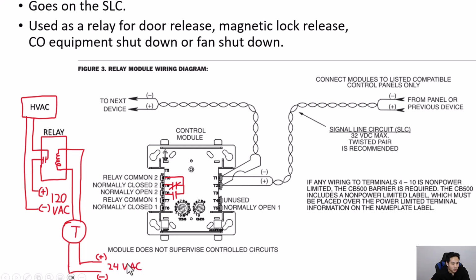This 24 volt AC would sometimes come from the actual HVAC system. It has a transformer that will convert the high 120 volt AC or 208 volt AC to a low voltage 24 volt AC, which would feed the thermostat. So this is low voltage control wiring. And if the thermostat is calling for cooling, as an example, it would basically flip this 24 volt AC low voltage to a relay, which is within the unit.